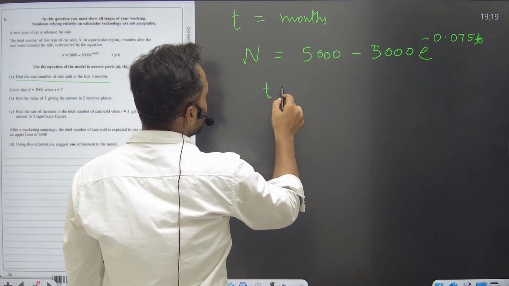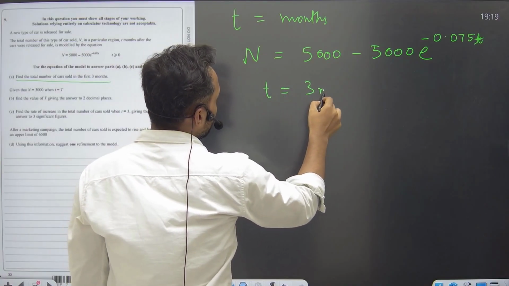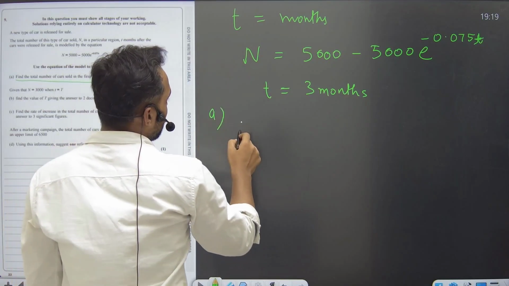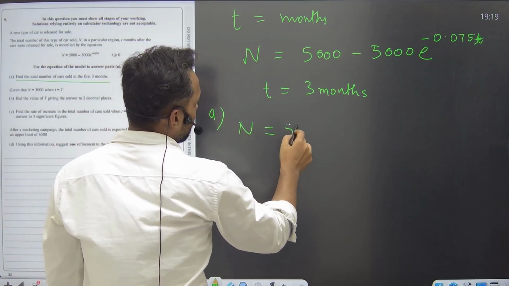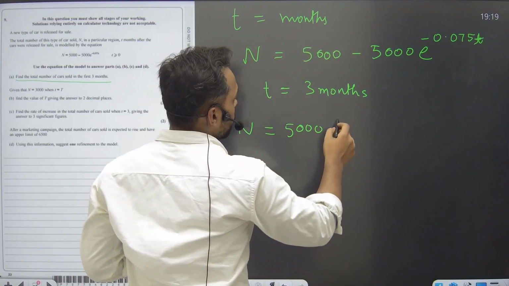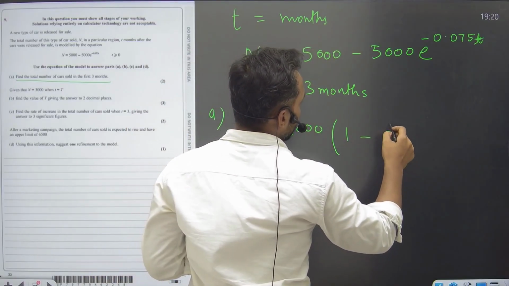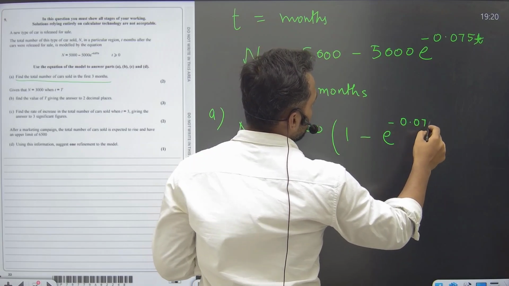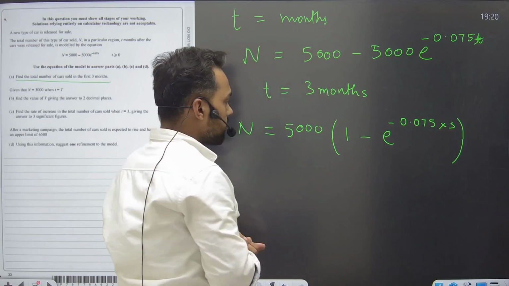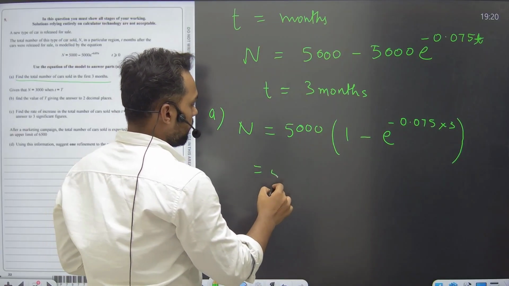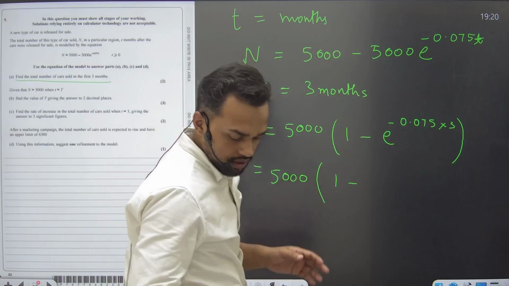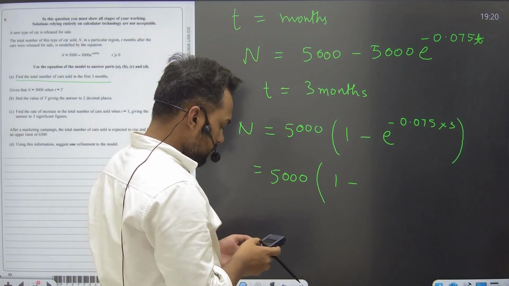So for the first 3 months, you just need to plug in the value of t equals 3. So it will be n equals 5,000. We can take 5,000 common here. So you'll get 1 negative of e raised to the power 0.075 times t, and t is 3. Now the bracket closes. So 5,000 times 1 negative of, just plug in the values here, student.